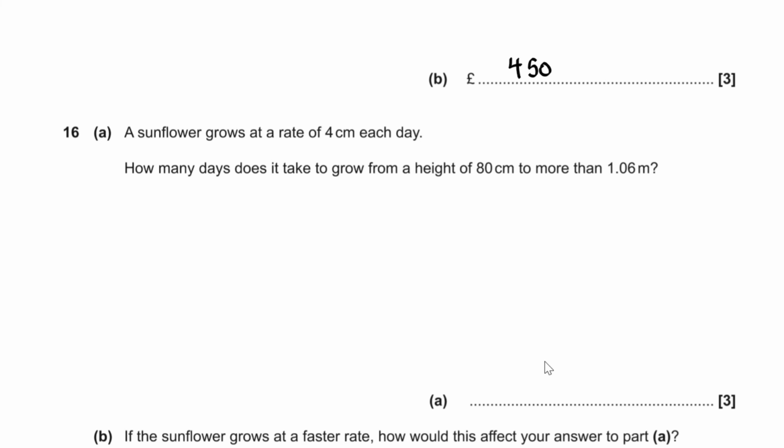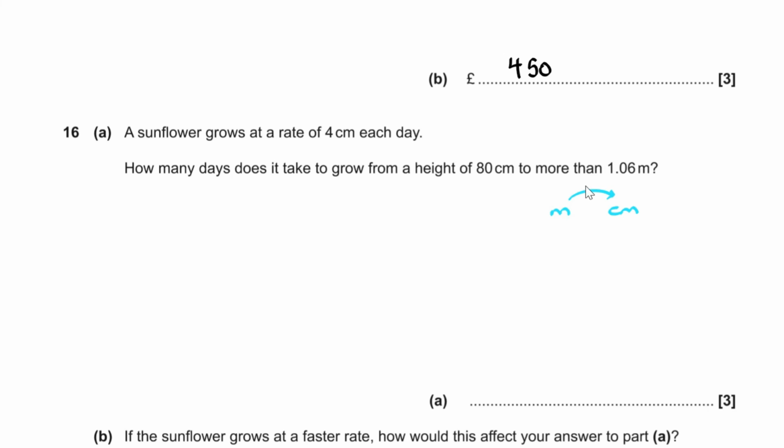For question number 16, a sunflower grows at a rate of 4 centimeters each day. How many days does it take to grow from a height of 80 centimeters to more than 1.06 meters? Well, what we can do first of all here is convert the meters to centimeters.